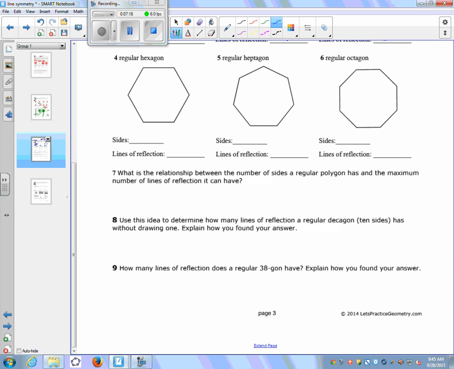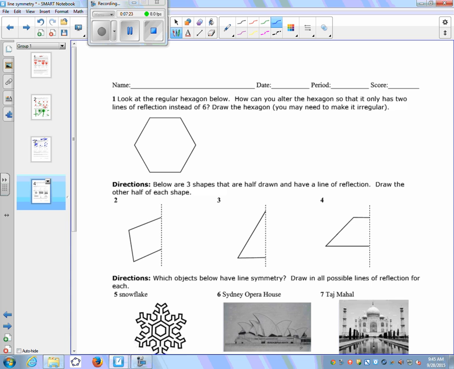And so the rest of this page you can finish on your own. It's pretty self-explanatory. Let's look at the back. Look at the regular hexagon below. How can you alter the hexagon so that it only has 2 lines of reflection instead of 6? So you may need to make it irregular. In other words, the only way to do it is to make it irregular.